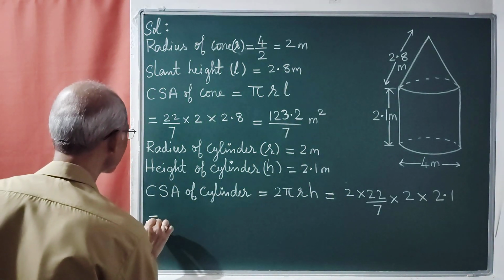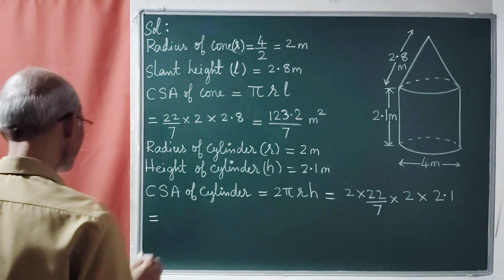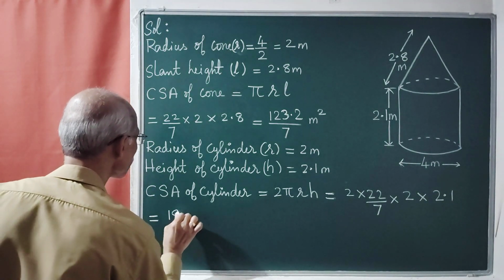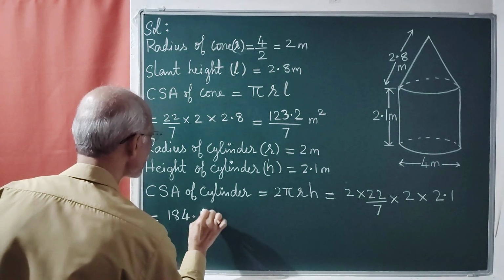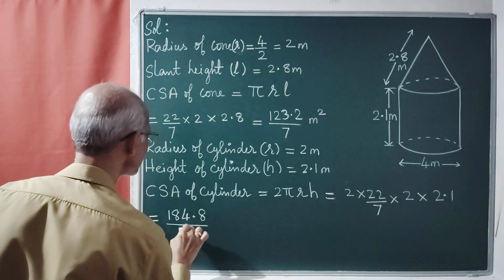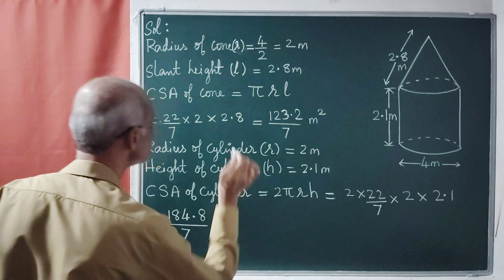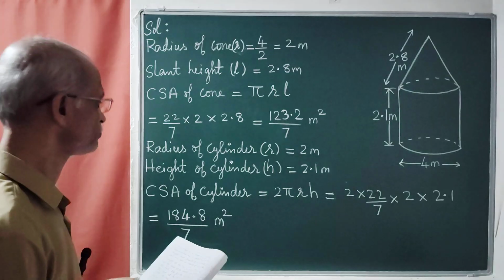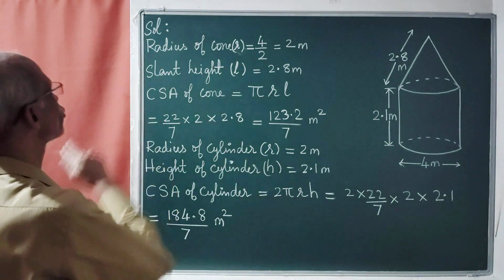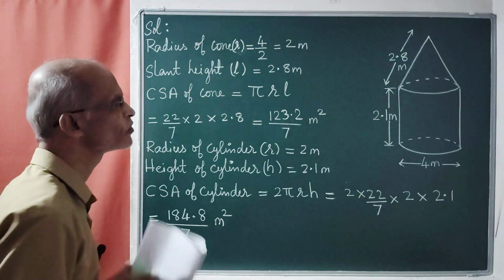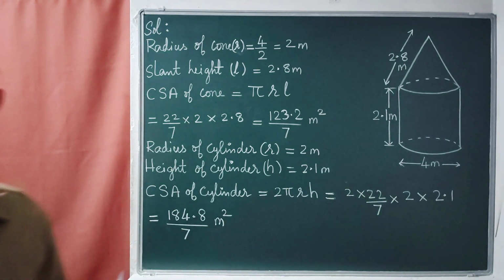That will be equal to 184.8 by 7 meters square. Now we have found the CSA of the cone and the CSA of the cylinder. If we add these two, we'll get the area of the canvas required.